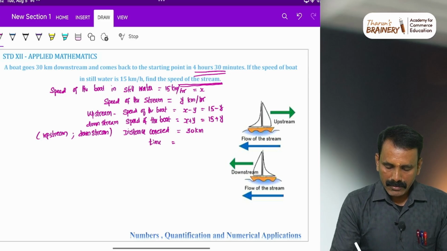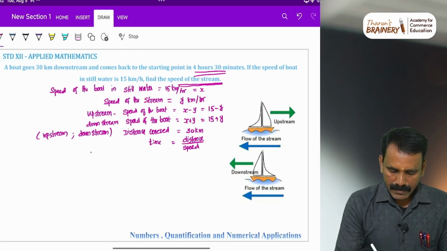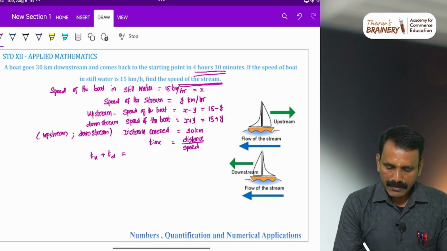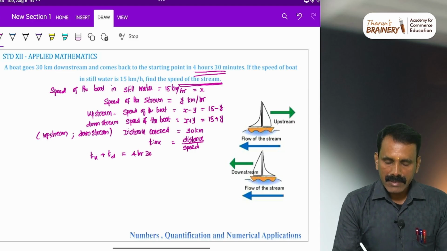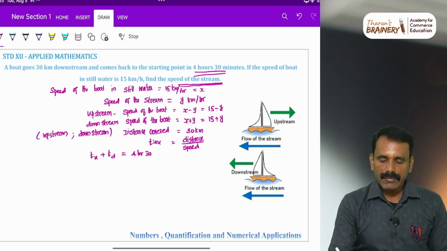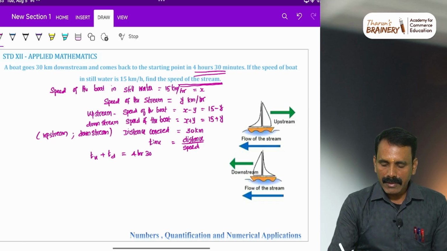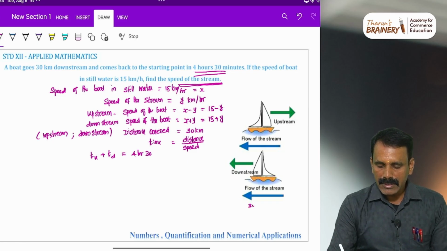Time is equal to distance by speed. Time for upstream plus time for downstream is given to be 4 hours 30 minutes. It is given in hours and minutes, so we try to convert this one. So we convert first of all 30 minutes to hour.